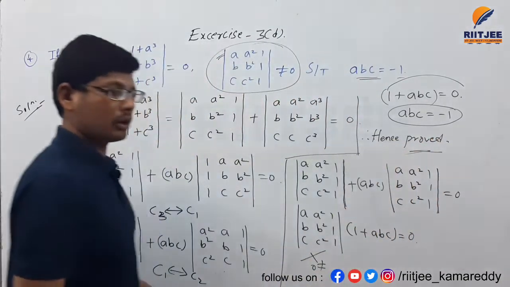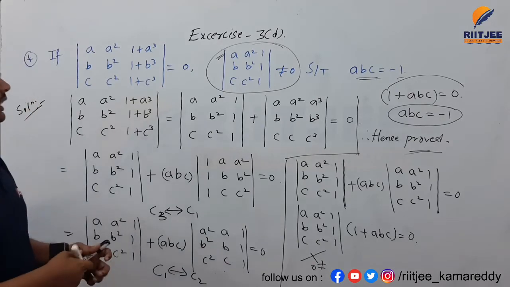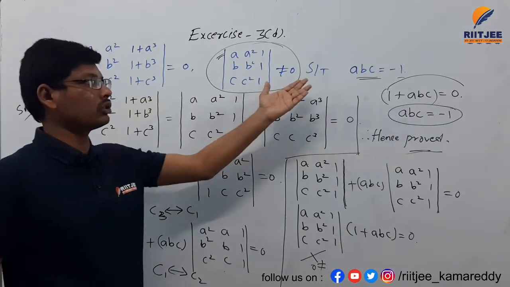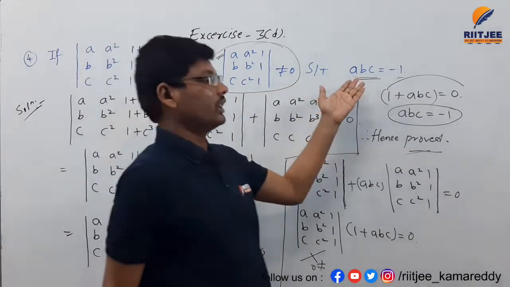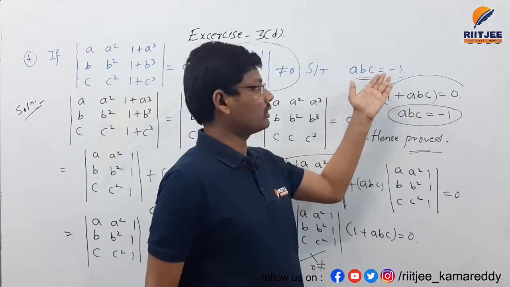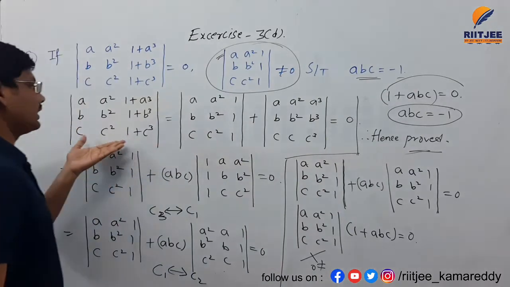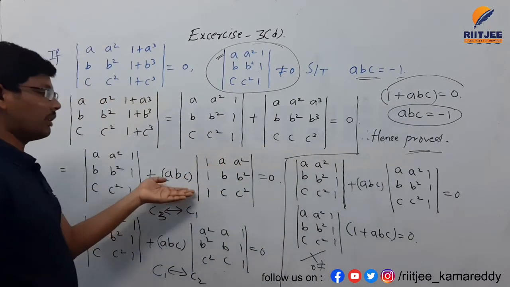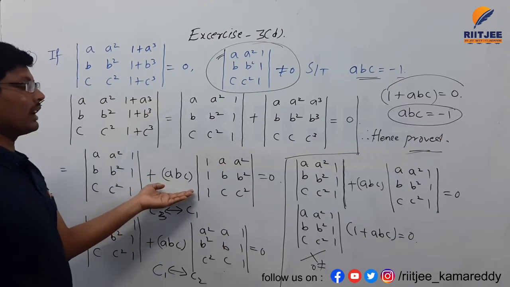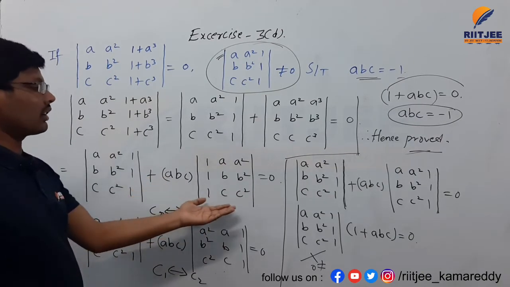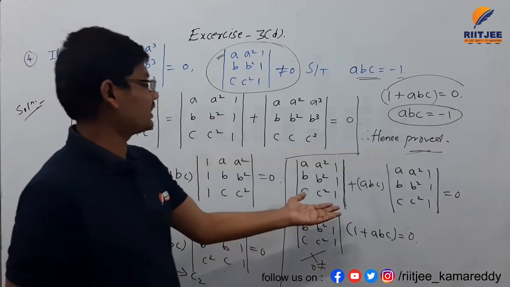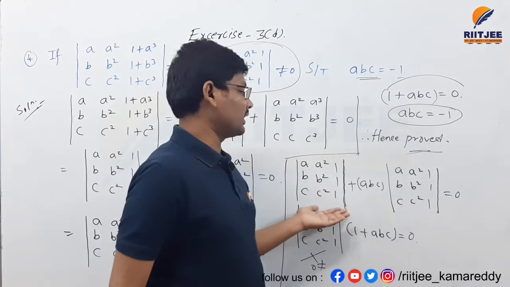This is the solution to this question. He has given a 3 by 3 determinant equal to 0, and he has given one condition, that this determinant should not be equal to 0, and he is asking to show that a into b into c is equal to minus 1. So for this determinant I am taking the sum of two determinants. From this determinant I am taking abc as common. After taking abc as common, I am interchanging the columns in two ways here. After interchanging columns we are getting the same determinant.